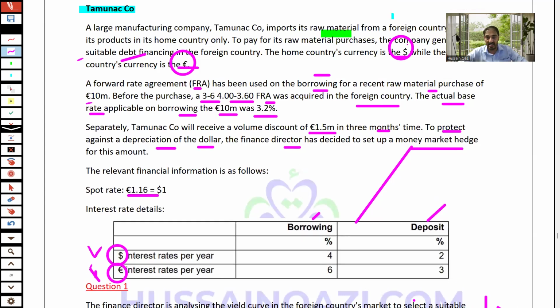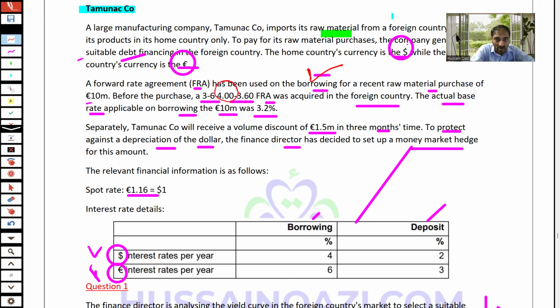Very important here. Students, one by one. The first thing, with respect to the borrowing. Number one, the case is about borrowing. So for borrowing, the FRA rate is the higher side. That's 4%.